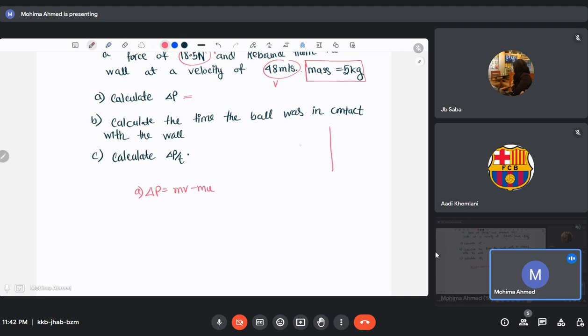So if I draw the diagram first, the ball first hits the wall, and then rebounds back in this direction. So we're going to take the direction towards right or left as positive, depending on our situation. So I'm just taking direction towards right as positive, which means that our initial velocity would be positive, but final would be negative, right?